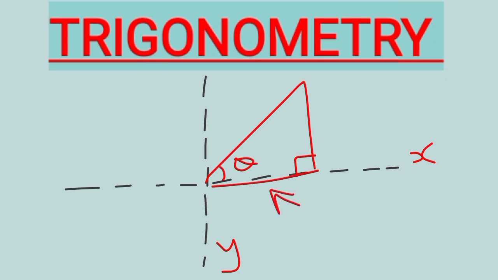This same adjacent is sitting on the x-axis, so we can represent the adjacent with x, just x. So adjacent has changed to x. And then this side, it's obvious it is y, because it is along the y-axis. As you can see, it is vertical as well. So we are going to term that as y. And then this longest side, we are calling it hypotenuse.